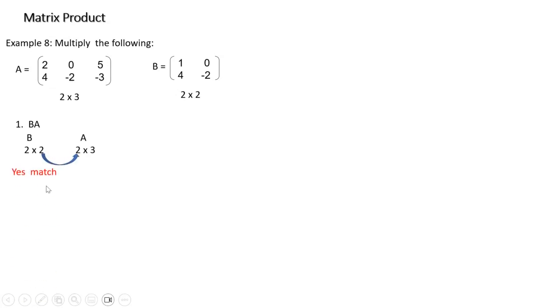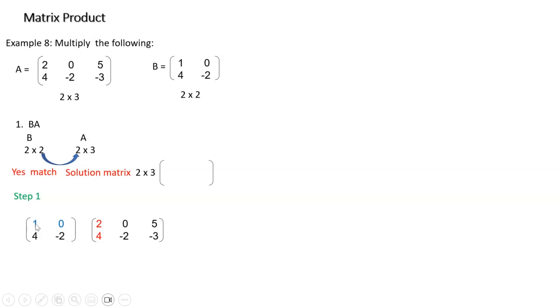Okay, so it can be done, and the answer will be a 2 by 3. So here's what we have to do. There are a few steps here. Step 1: I'm going to color code it so you can see exactly what's taking place. Matrix B is a 2 by 2, and matrix A is a 2 by 3. We're going to take the first row of matrix B and multiply it times every column.